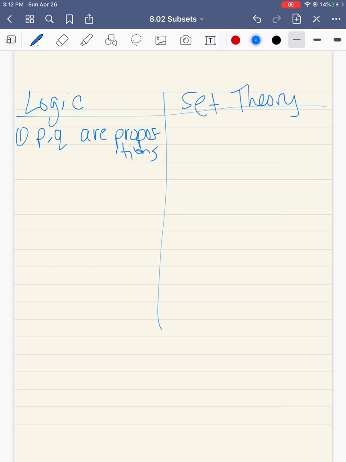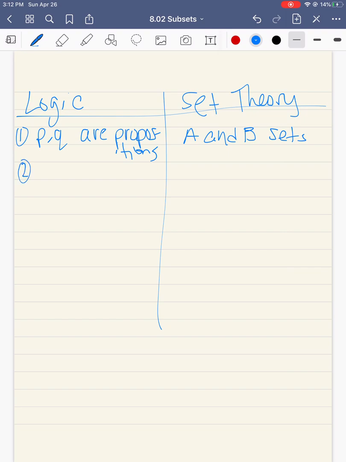So these are lowercase letters that we used for our propositions. But in set theory, we use capital letters such as A and B, and these are sets. A proposition can be a sentence, whereas A and B, sets, are sort of groups of elements, essentially.